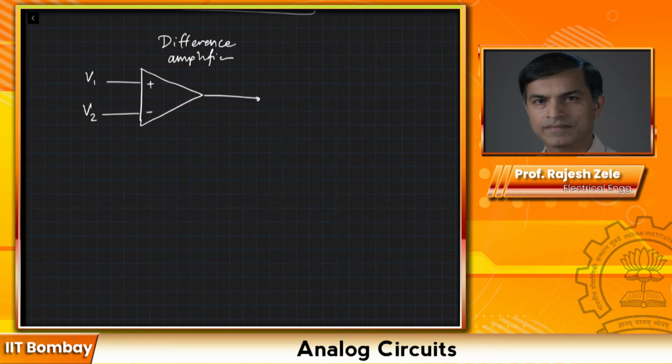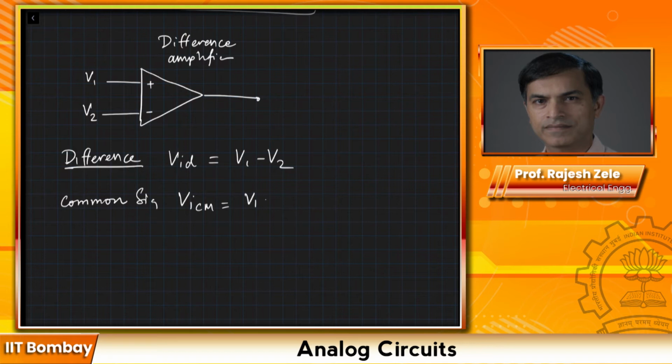Now take one step back. If you remember the previous example, we said that if you apply V1 and V2 as two inputs, then we can look at the difference signal as VID is equal to V1 minus V2, correct? And what is a common signal? VICM, that would be V1 plus V2 divided by 2.